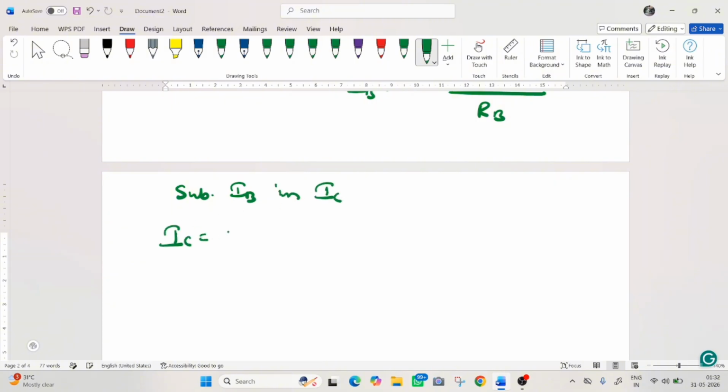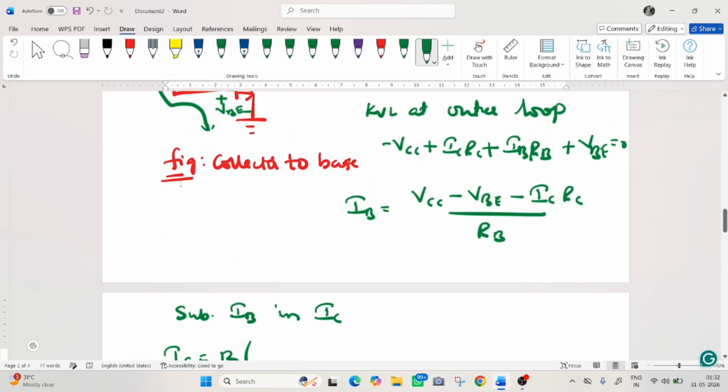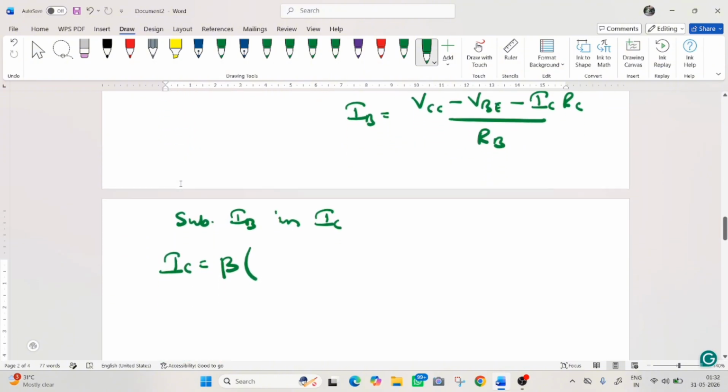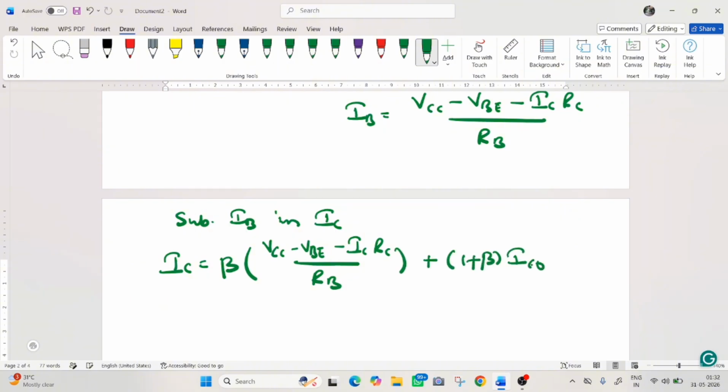So IC is equal to beta times IB, right? In place of IB, I'm writing this expression. That is IC equals beta times (VCC minus VBE minus IC RC) divided by RB, plus (1 plus beta) times ICO, right?